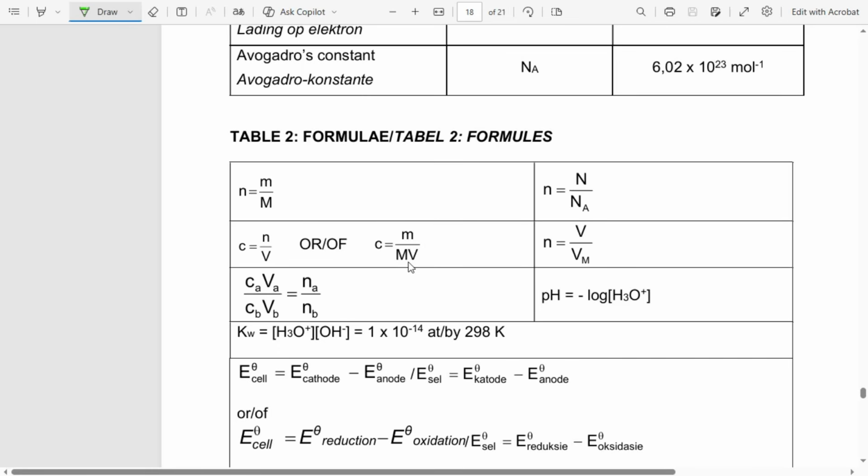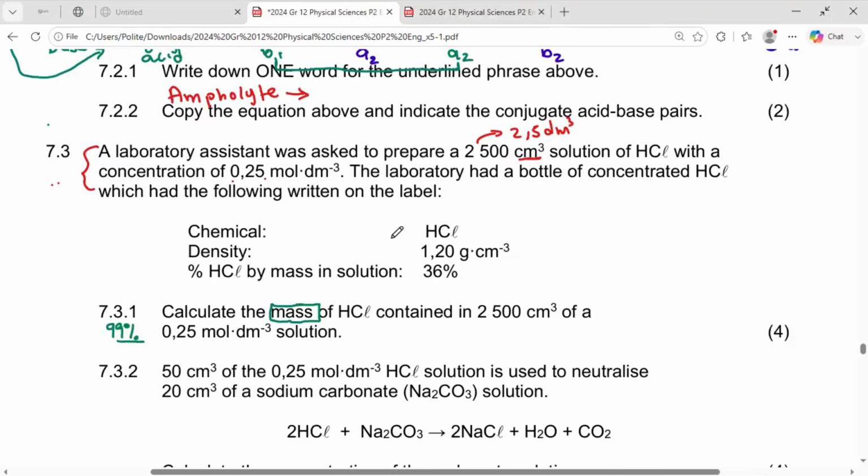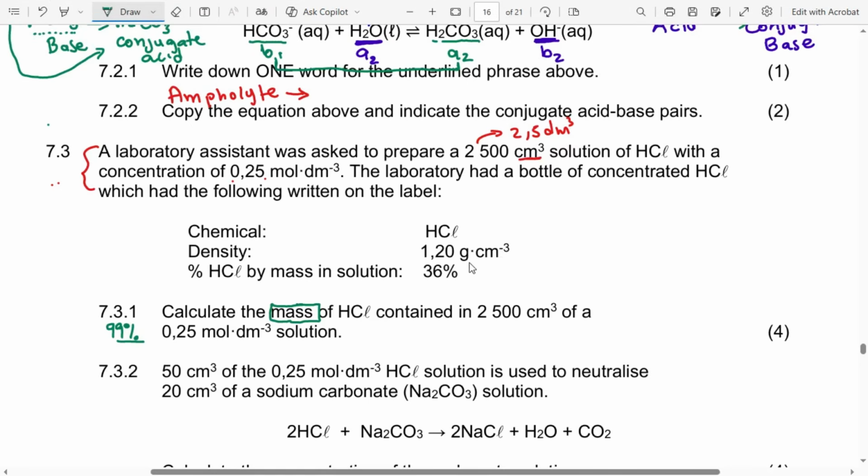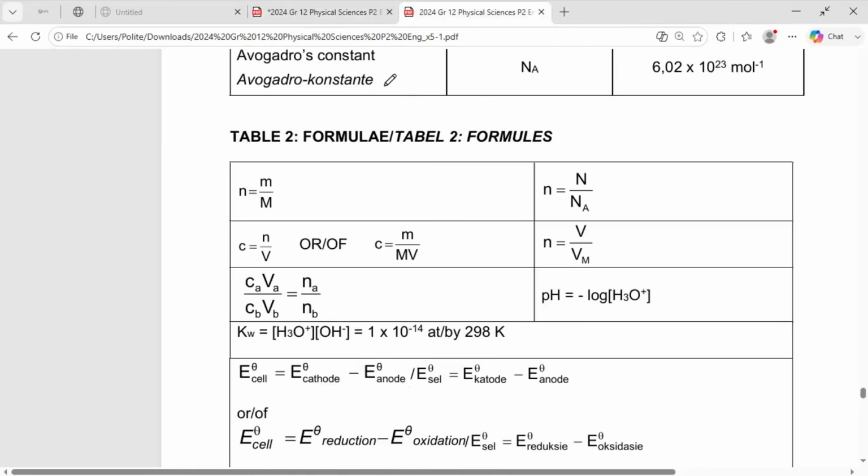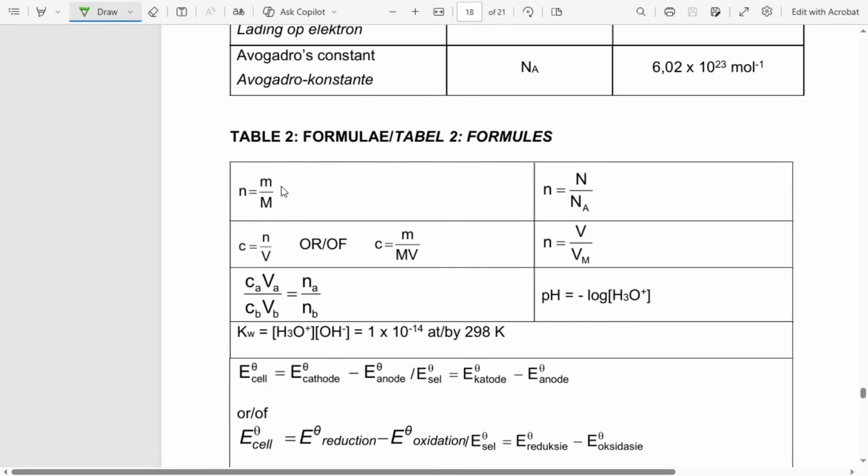The density. Yes, they did. Let me just quickly confirm. Density, yes, we have, but I don't want to use the density because let's say maybe you forgot the correct SI unit for density. But I'm going to focus on the formula that doesn't have that, which is this formula.